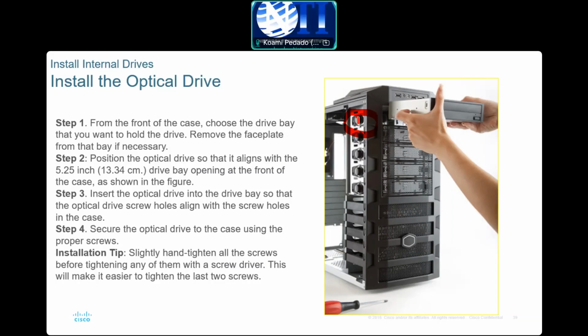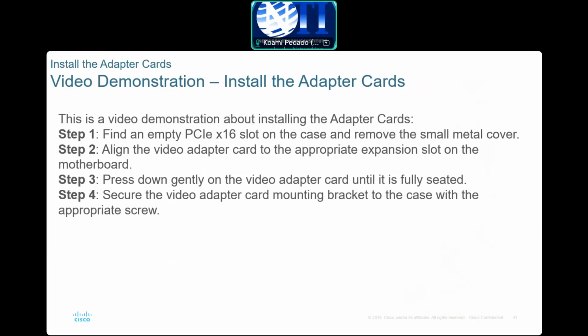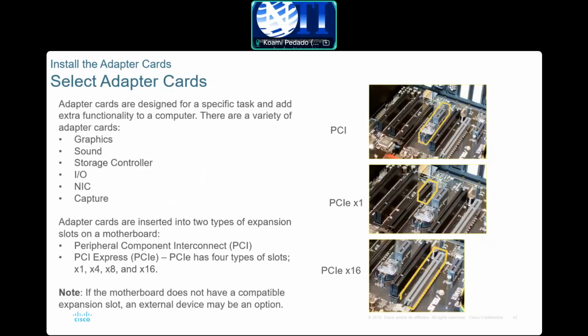So this one too, you press the plastic before you remove it. But if you put it inside, it's fine. You just slide it inside and it goes. And then here is the adapter, where the adapter cards go, called the expansion slot.